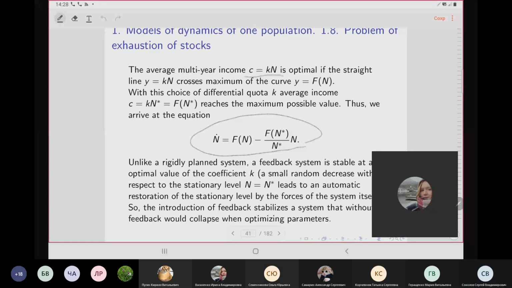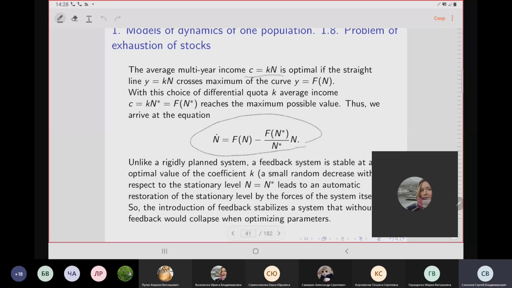So in both models, the average income is the same, but in one model the system becomes unstable, and in another model the system becomes stable.